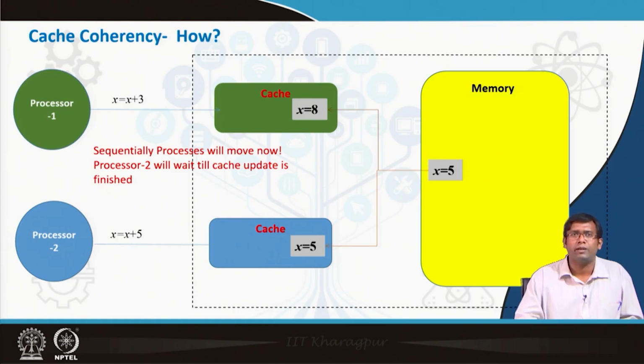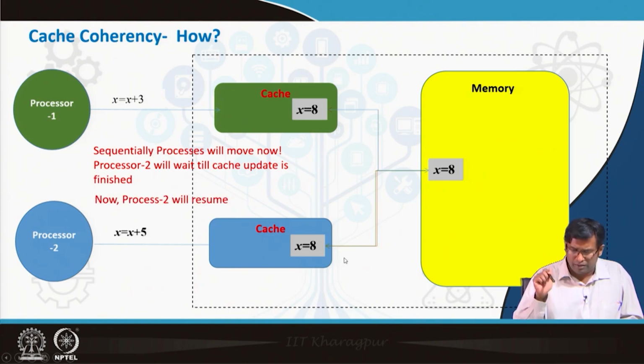So, though it is a parallel program, processor 2 cannot move on, in order to have coherence in cache. So, x = 8 in processor 1's cache will go to the memory, come back to processor 2's cache, and processor 2 will now operate x = x + 5, so x = 13.